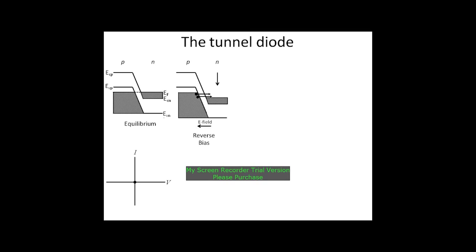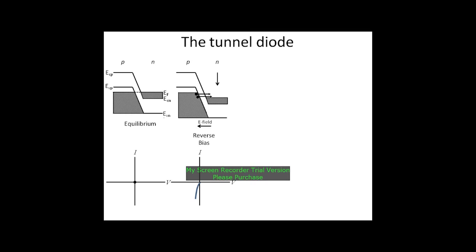Once they are in the N region conduction band, they're allowed to conduct freely. And so a very small voltage in the reverse bias case produces a high current. That's shown by this graph at the bottom.